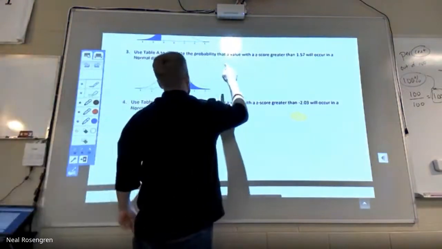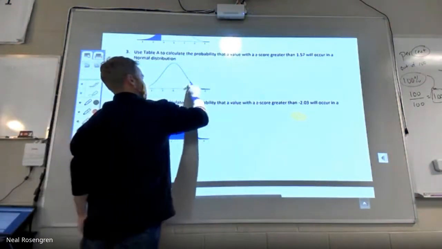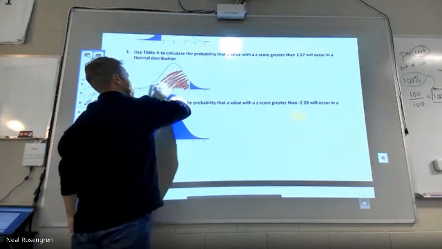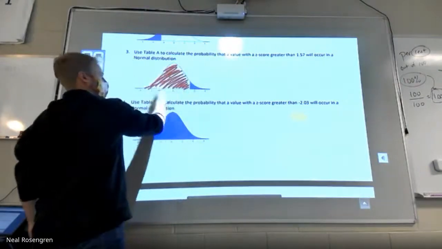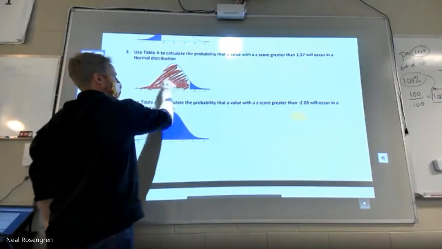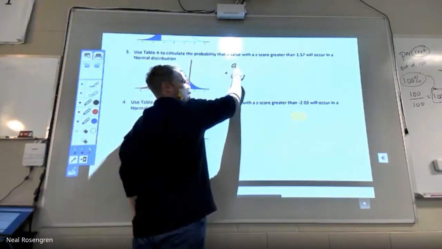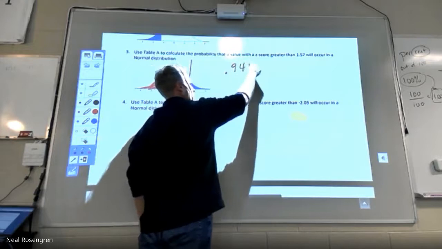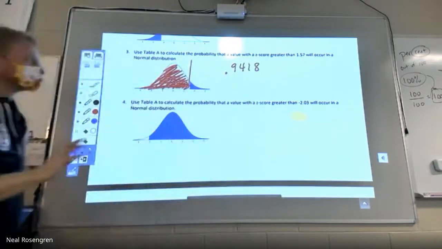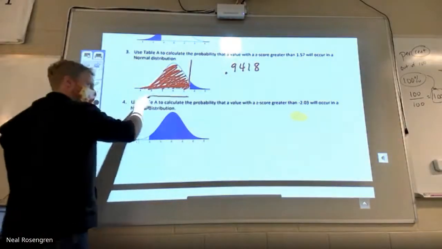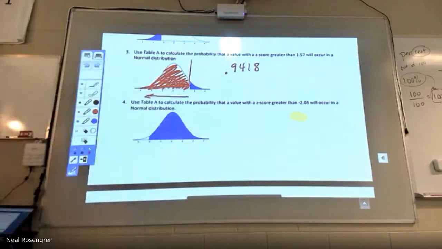So I'm going to do it in red. So here it is in red. My red number, all of this space, all down here to the left of this, what is it? 0.9418. Okay. But that's not the number I want. That's this number, right? Chances of me, with the blindfold, going in the dark.